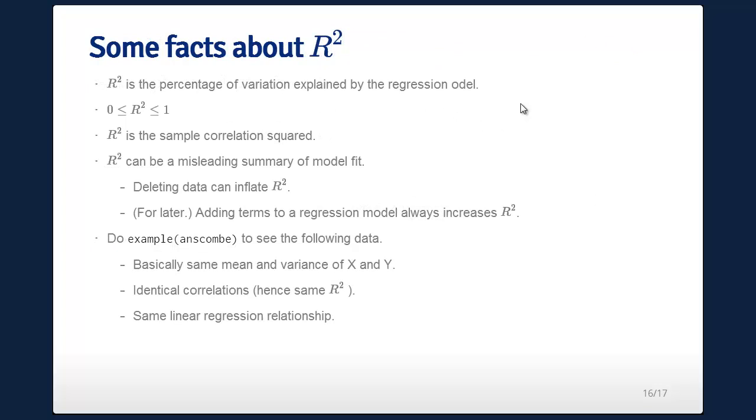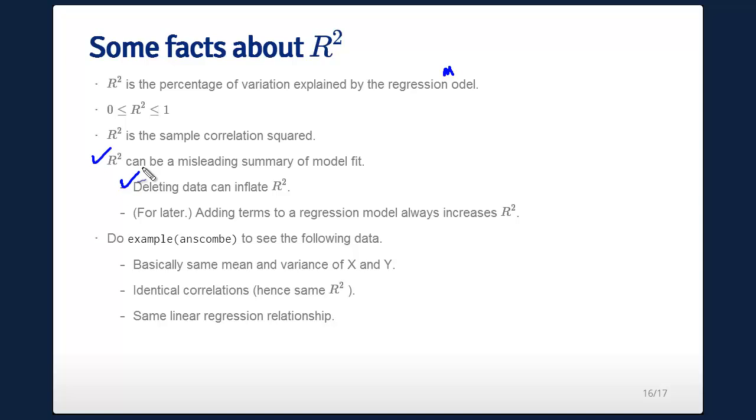Just briefly, some facts about R squared. It's the percentage of variation explained by the regression model. I'm missing an M there; I'll fix that in the repository. R squared has to be between 0 and 1. We've shown that. R squared is the sample correlation squared. We've shown that. R squared is a misleading summary of model fit. For example, you can just delete data and inflate R squared.